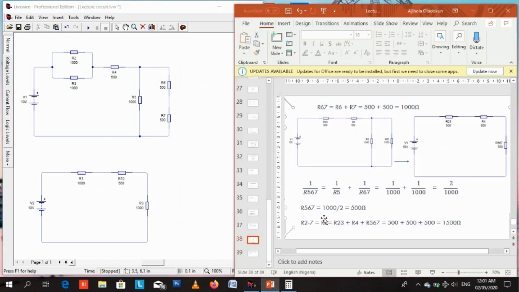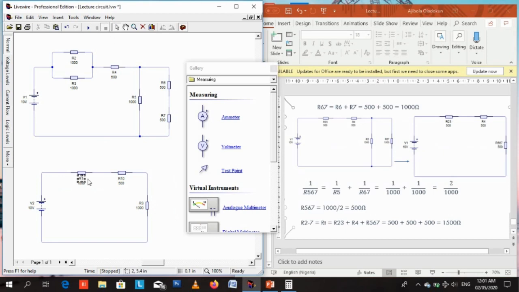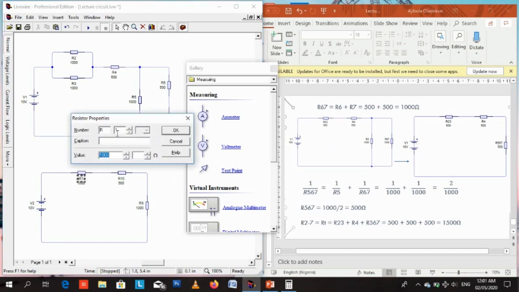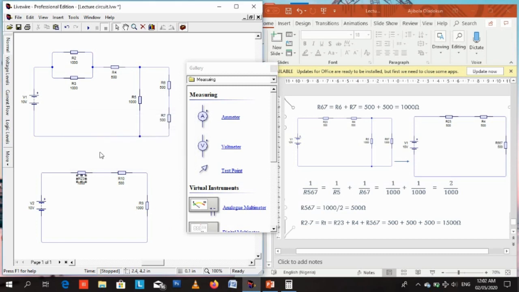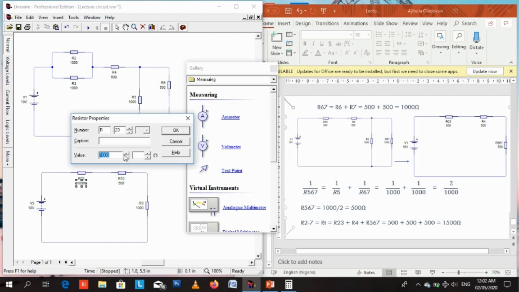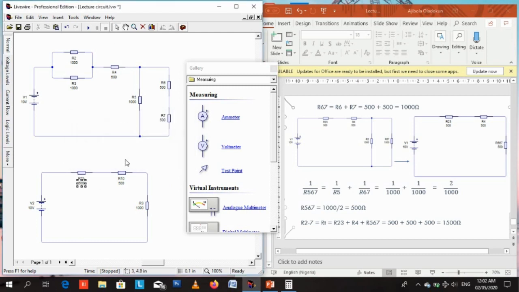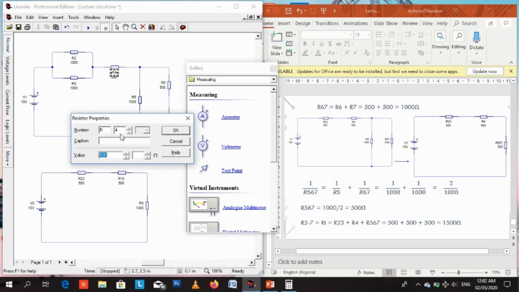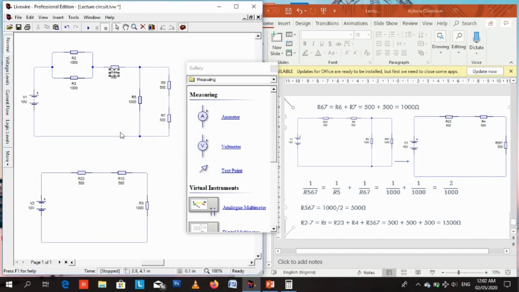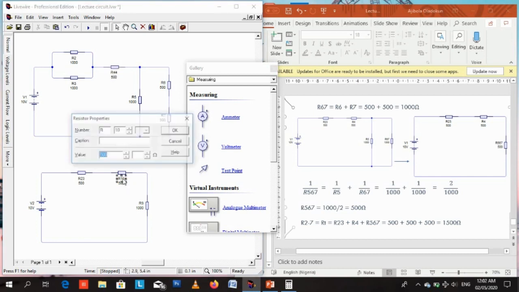So if you remember, when we resolved the total current that flows through the circuit, we turned this to R23, and R23 was 500 ohms. We said this is R4. Let's make this one R44 for now, just so that we can call this one R4. We'll change it later.